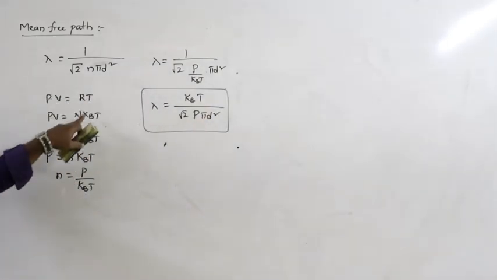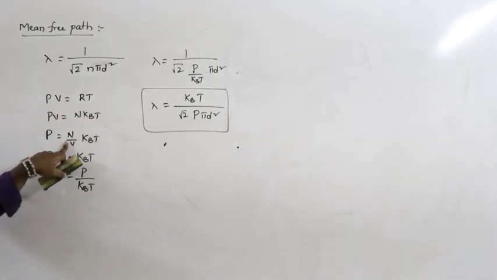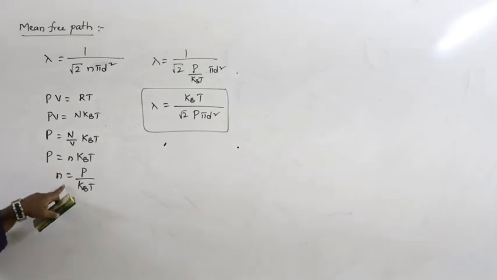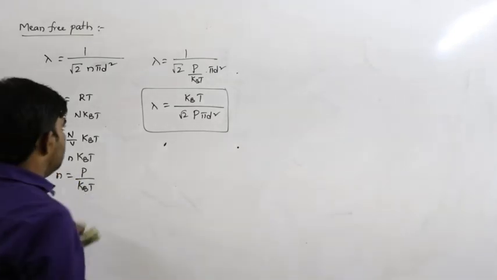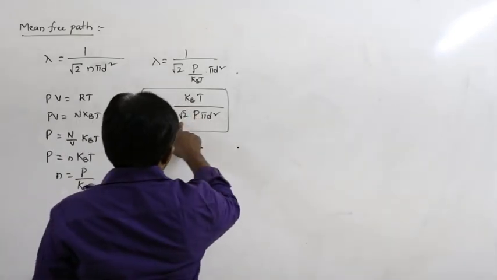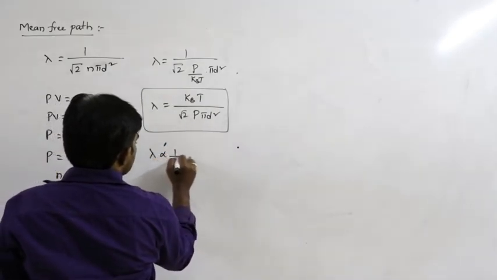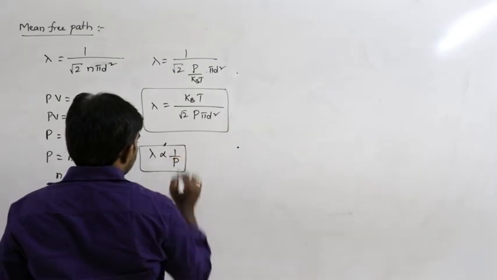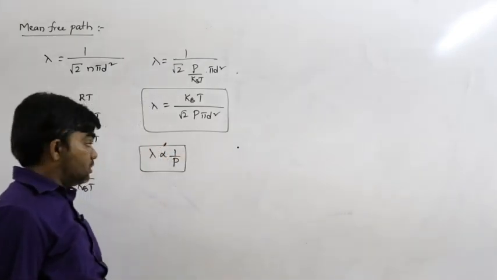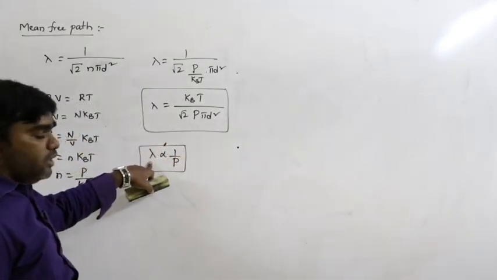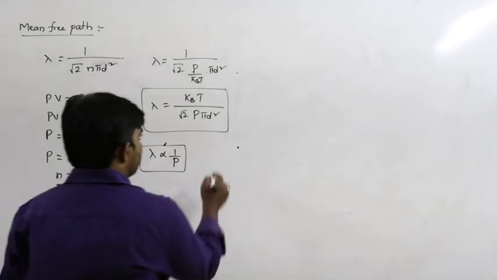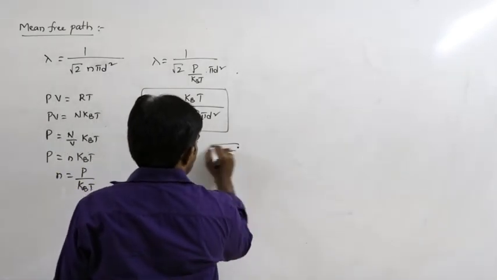So from PV equals nRT, we get n equal to N by V, the number of molecules per unit volume, that is small n here, equal to P by kBT. Lambda is equal to kBT divided by root 2 P pi d square. So lambda is inversely proportional to P: the mean free path is inversely proportional to pressure. If the pressure is more, the mean free path is less, and lambda is proportional to T, the absolute temperature.